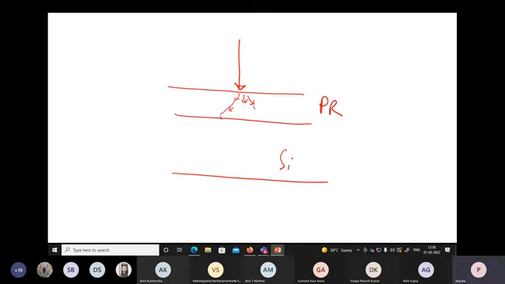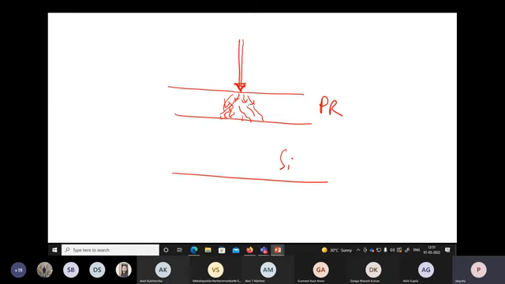So you end up with a much larger area, whereas before reaching the photoresist it is much narrower, but once it enters the resist, it will scatter, okay. And due to this scattering, the resolution will degrade.